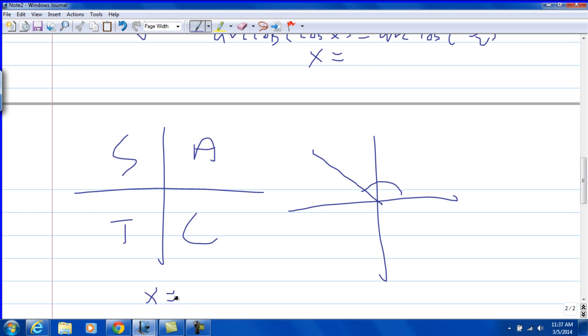X is going to be arc cosine, which is also called cosine inverse, of negative 1/2, and that's going to be 2 pi over 3.